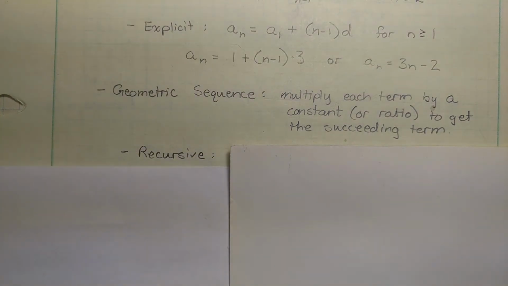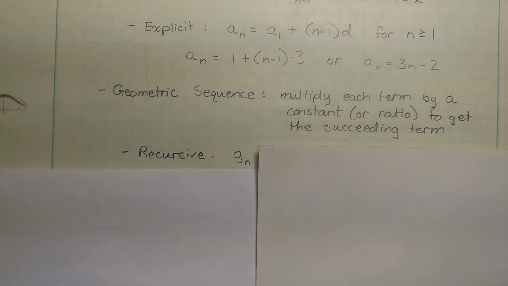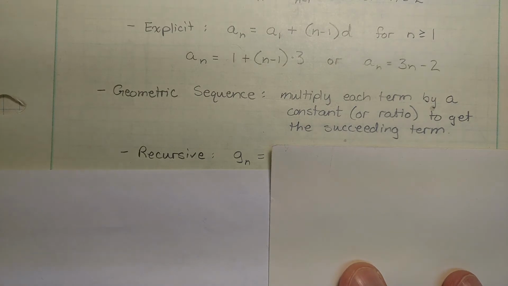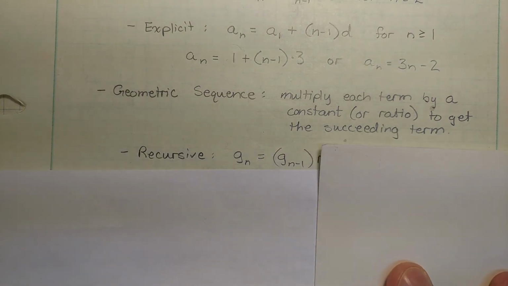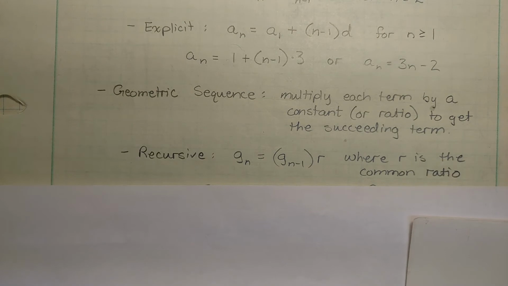For a recursive definition, we define the first term, which is always given. Then our nth term would be whatever our previous one is, our n minus 1 term, times our common constant r, which is our common ratio. And so we define r as being the common ratio there.